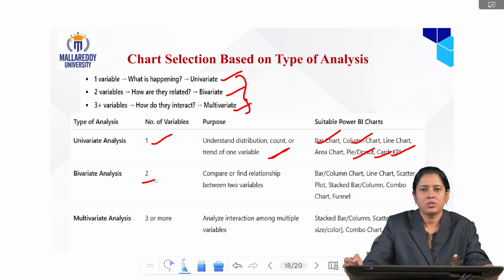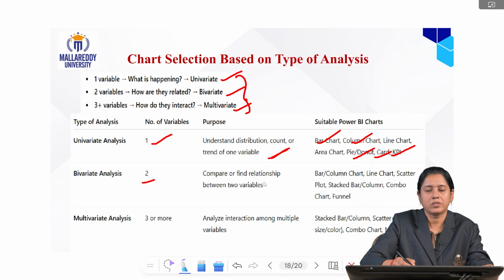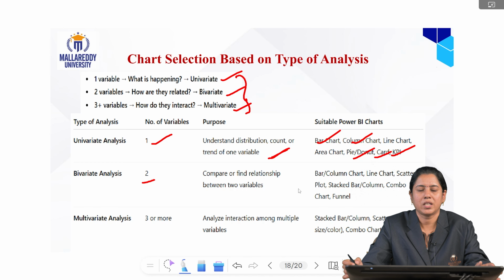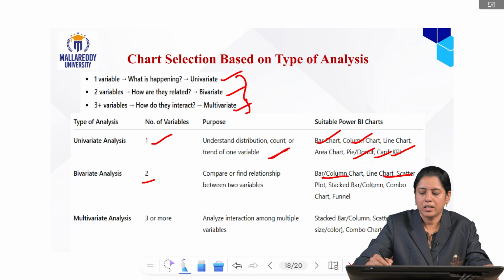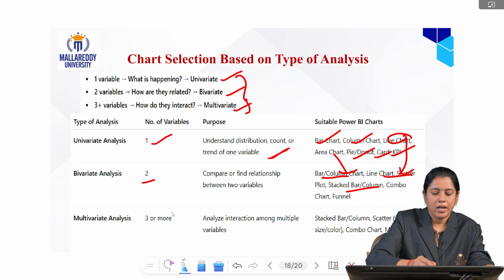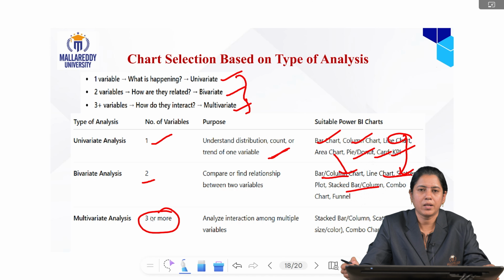Bivariate means two variables are required, and it generally gives us the relation: if one is increasing, whether the other is increasing or not, or how the other values increase or decrease. That type of relation is found by bivariate analysis. Line charts and area charts are used for bivariate because both require a minimum of two variables.